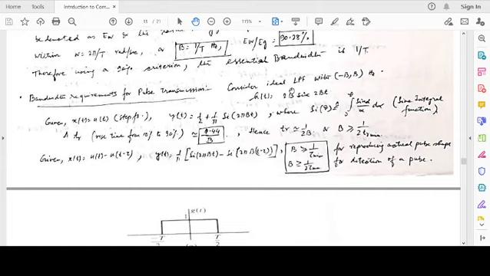So consider this scenario where we have an ideal low pass filter with brick wall response from minus B to B. Again, an ideal low pass filter is not very practical to implement, so the conclusions drawn here may be a little non-realistic compared to the actual implementation of a low pass filter, but it gives an idea.